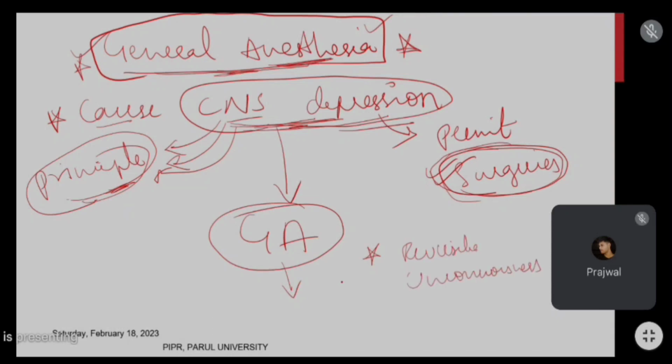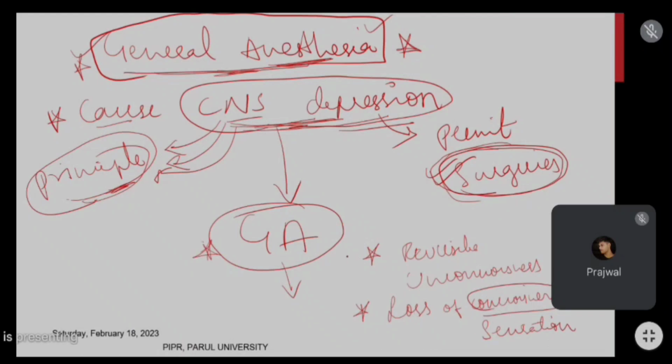I am telling the definition of general anesthesia. General anesthesia का definition क्या है? The condition where the patient has reversible unconsciousness, number one, or reversible loss of consciousness. Reflexes होते रहते अपने बॉडी में, but those sensations are lost.